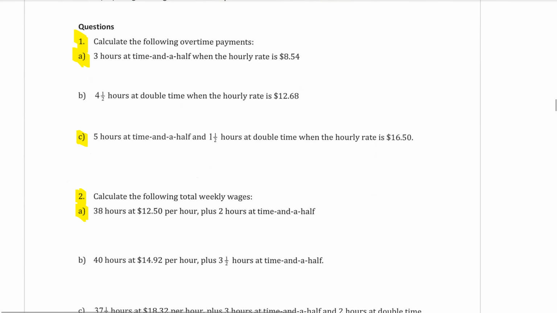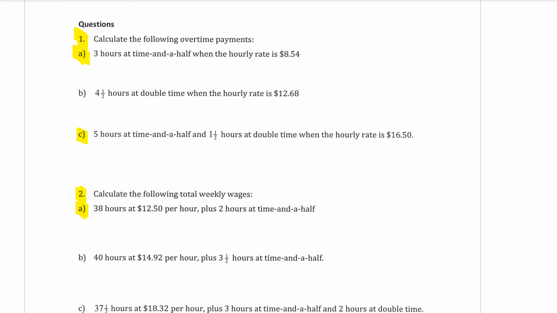Question 1. Calculate the following overtime payments. So somebody is working 3 hours at time and a half when the hourly rate is $8.54. So if they are working 3 hours at time and a half, I times the 3. Remember, time and a half means 1.5.